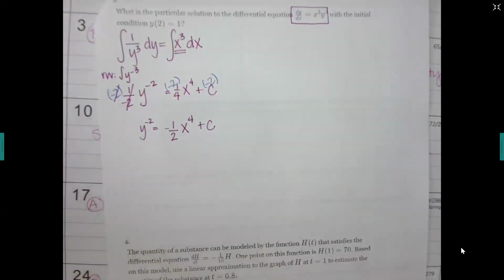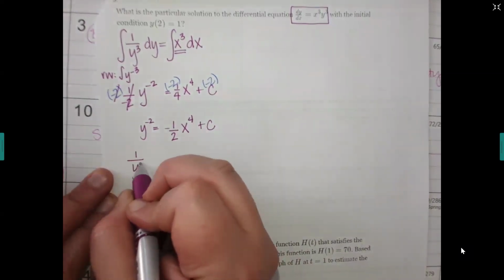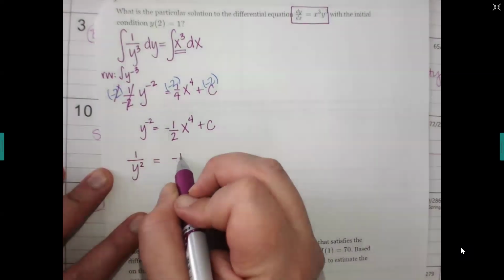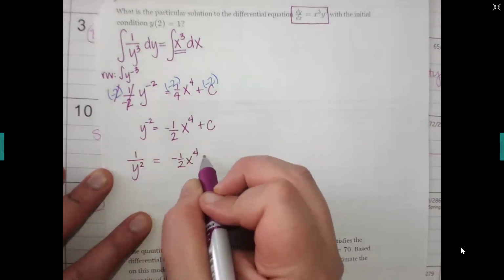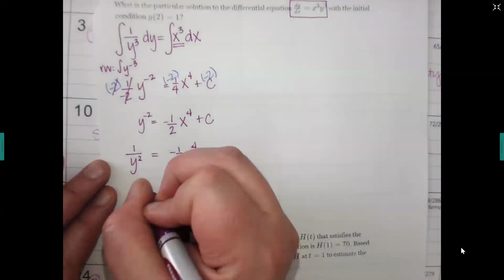Okay, then remember, I can't solve it with this y to the -2, so I need to rewrite that where my y squared is going to get pushed down to where? The bottom. So it'll be a 1 over y squared, and then this stuff. What is my next step if I'm trying to solve for y and it's on the bottom? Flip both sides.